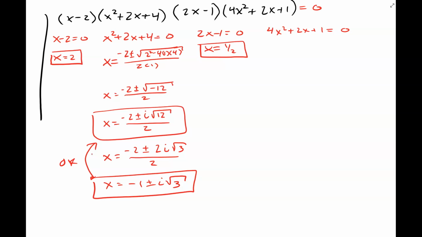Well, guess what? It's not going to factor. Because 4 times 1, two numbers that give us 4 and then add to give us 2, it's the same situation as the previous one, right? If I can't factor, I use the quadratic formula.